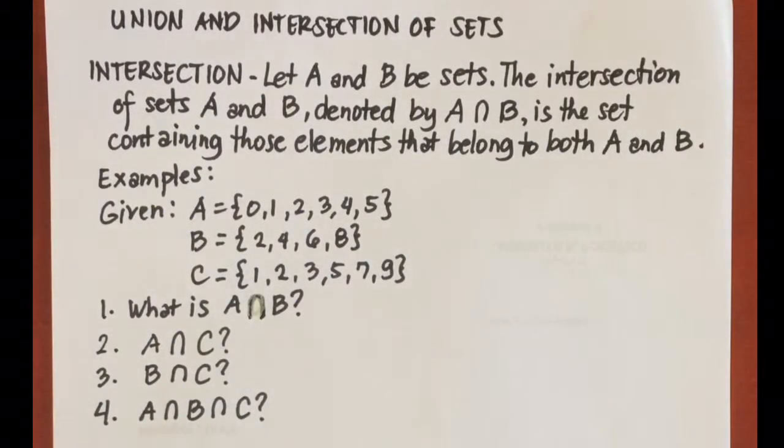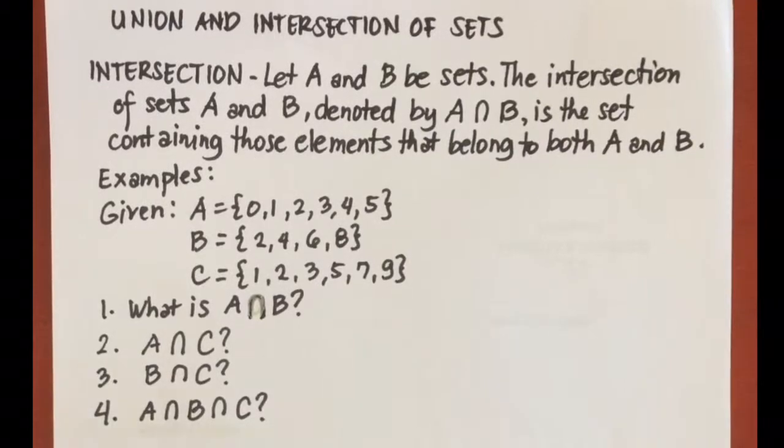So what is A intersection B? A intersection C, B intersection C, and A intersection B intersection C. So intersection generally means the elements that are common in the given sets.